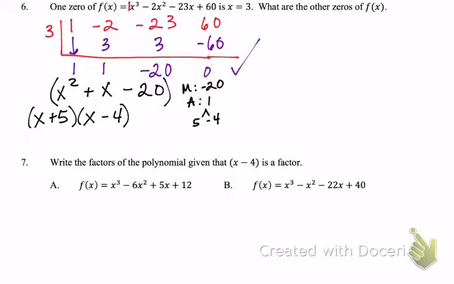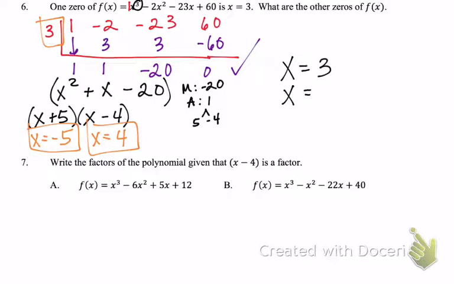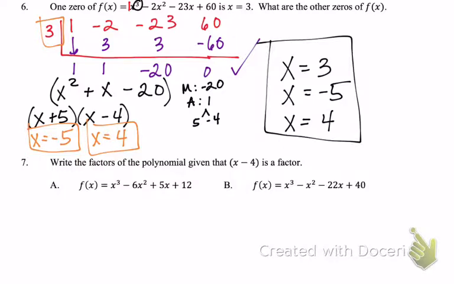Set each one equal to 0. So x equals -5 and x equals a positive 4. And 3. So my final answer, it means it's going to have 3 solutions, which matches my highest degree. So I should have 3. I have x equals 3, x equals -5, and x equals a positive 4.